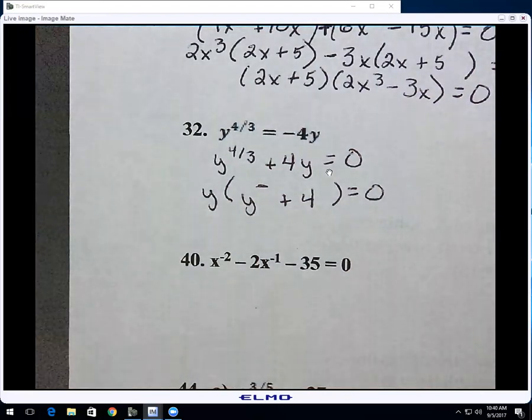What exponent of y would add together to this 1 to give me 4/3? If God whispers the answer, write it down. That's always right. If God doesn't, then you're going to have to subtract 4/3 minus 1. 4/3 minus 3/3 is 1/3.